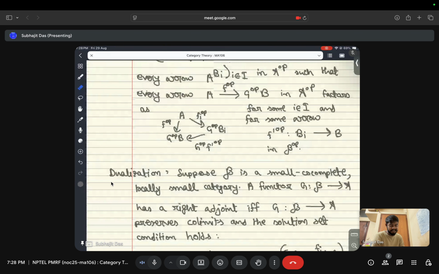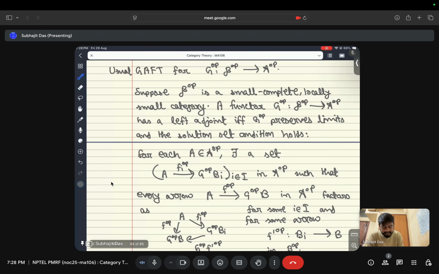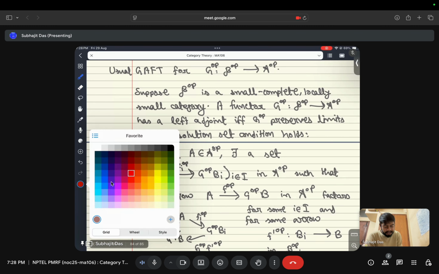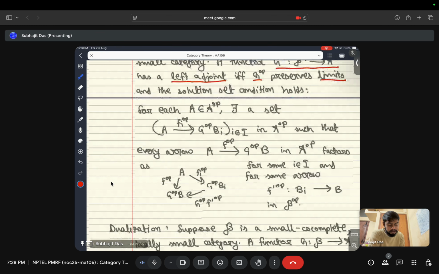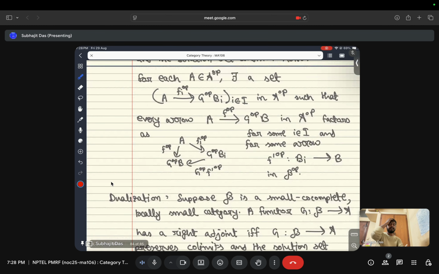so I'll just highlight the things that have been dualized or have a category theoretic dual. So small complete gets replaced by small co-complete. This functor G op from B op to A op gets replaced by G from B to A. The left adjoint gets replaced by a right adjoint. Preserves limits gets replaced by preserves co-limits, and the solution set condition holds, which we entirely dualize.